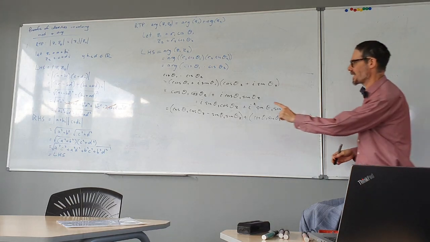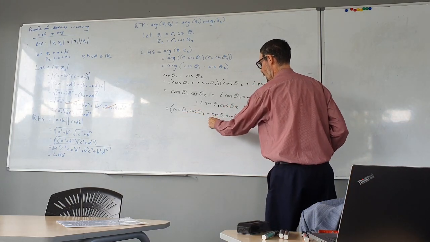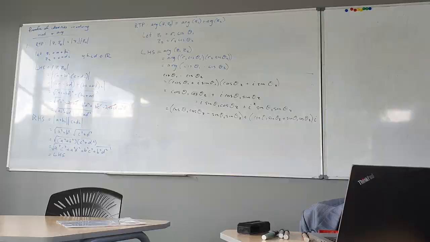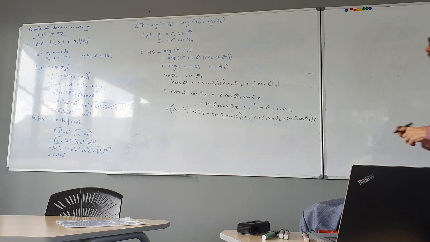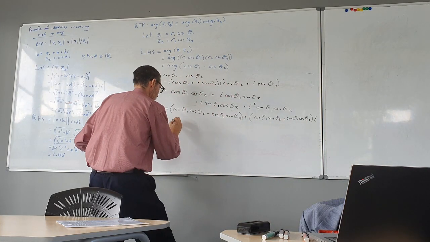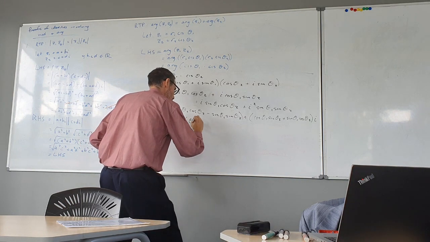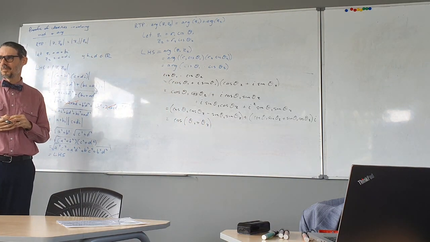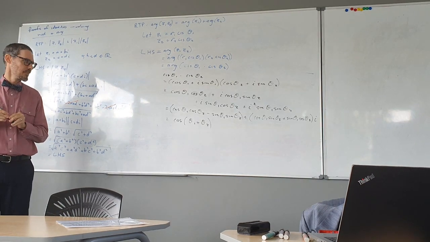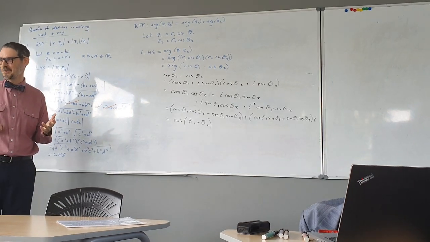Okay, the real part is cos cos minus sine sine. And if you look up here, cos cos minus sine sine is equal to cos of the sum of the angles. So I can replace the real part with cos of theta 1 plus theta 2. That's nice, that's what I want.